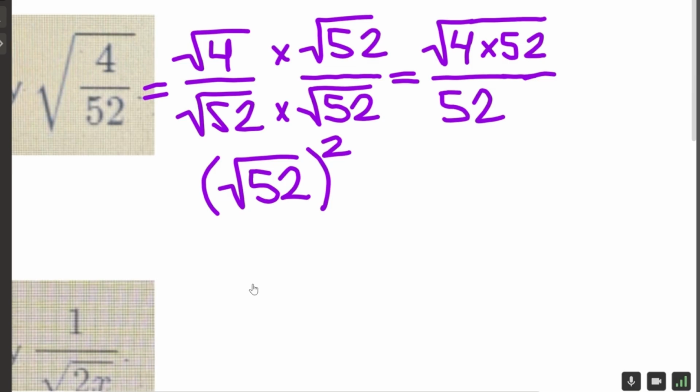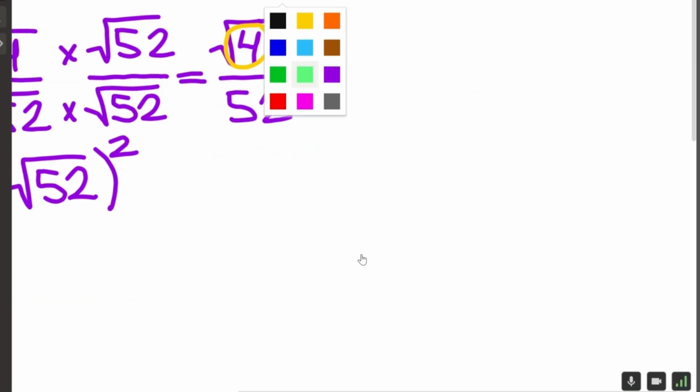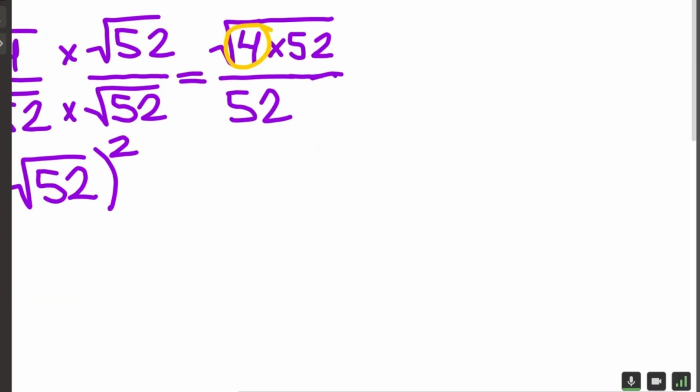Well, we know right away this guy is going to be 2, because the square root of 4 is 2. So I know at least 2 can come out.